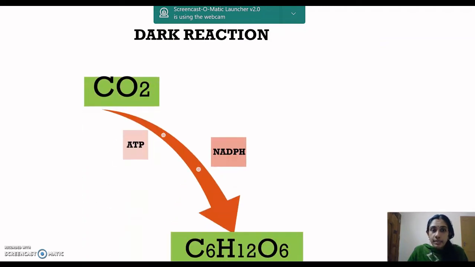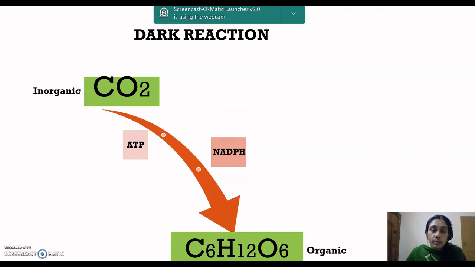This is a simple representation of dark reaction. Here we can see carbon dioxide, which is a very simple inorganic molecule taken from atmosphere. It is converted to glucose, C6H12O6, which is an organic molecule.